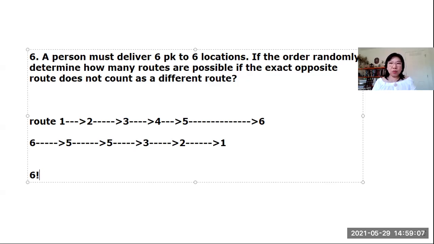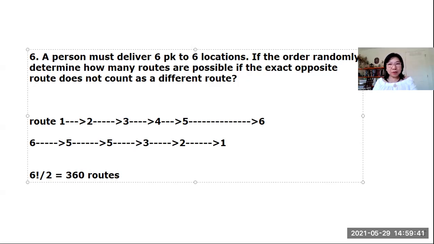However, because 2 of them count as 1, this is not a combination, it's still a permutation, but you have to divide it down by 2, halfway. You count it as a half choice. So the answer will be 6 permutation divided by 2, and the answer will be 360 routes, possible routes to go.